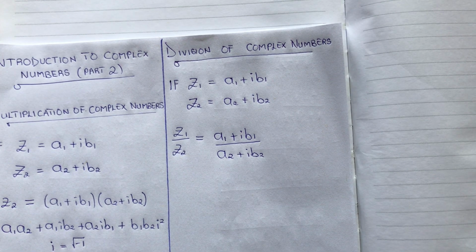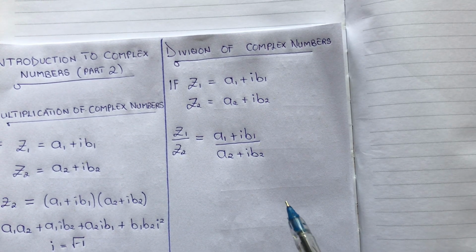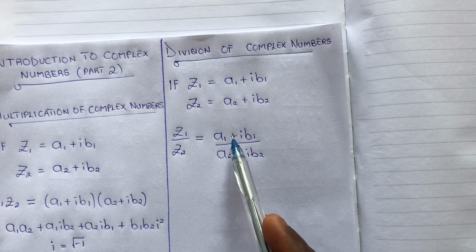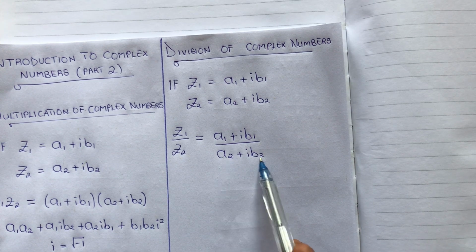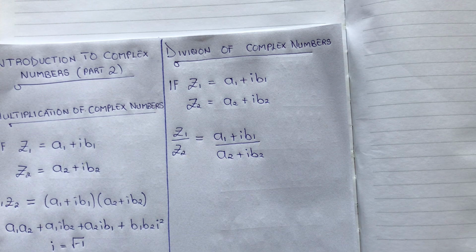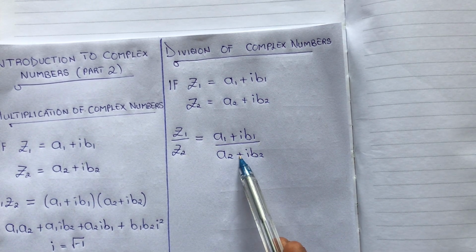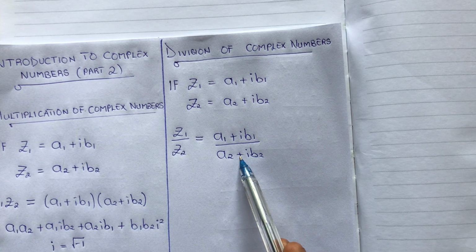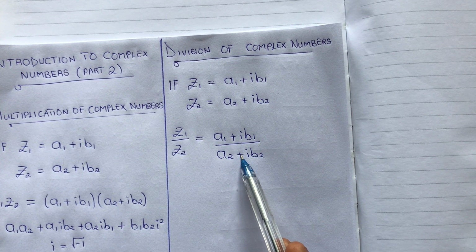So what do we mean by conjugating the complex part? Conjugation here means that whenever you have a complex number like this, you pick the denominator and change the sign of the imaginary part. Looking at this one, the sign of the imaginary part is positive, so we change it to a negative.